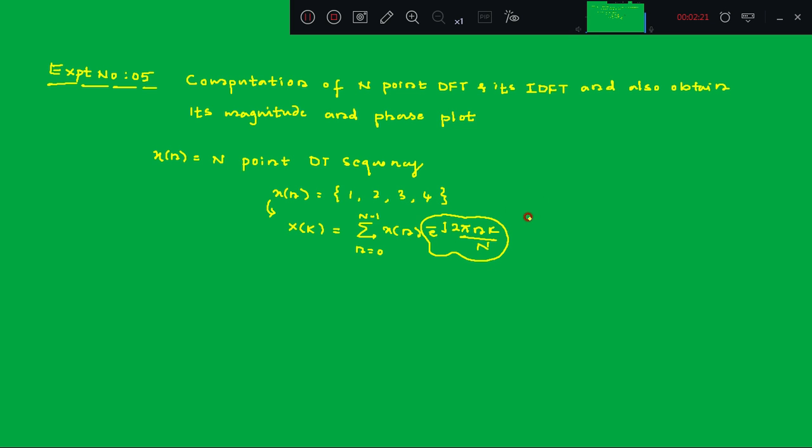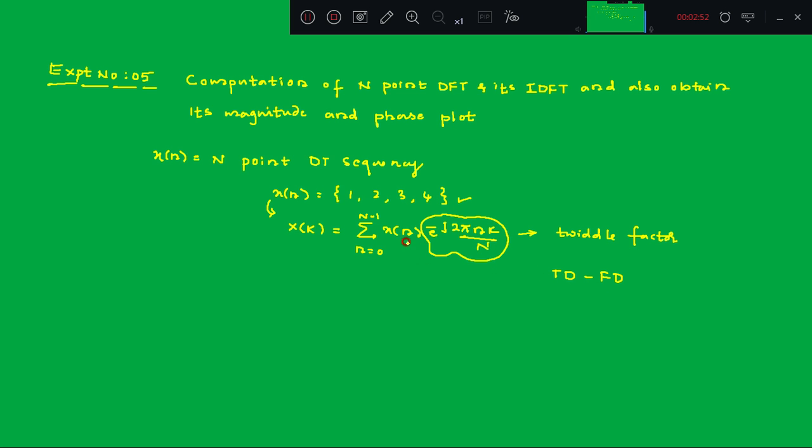This is the complex exponential quantity, which is known as the Twiddle factor. Basically it is the complex exponential quantity which is used to find the DFT of the sequence x of n, and this DFT is basically a tool to convert the signal from time domain to frequency domain, right?